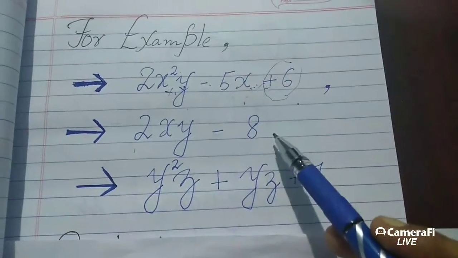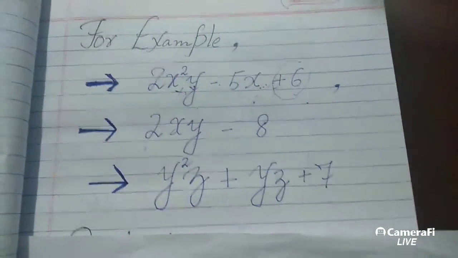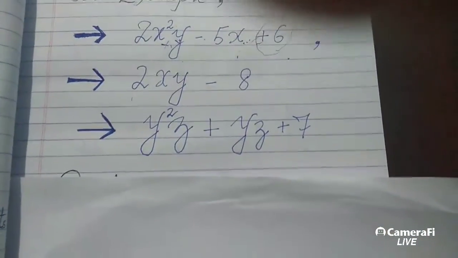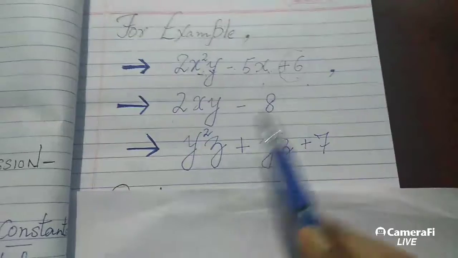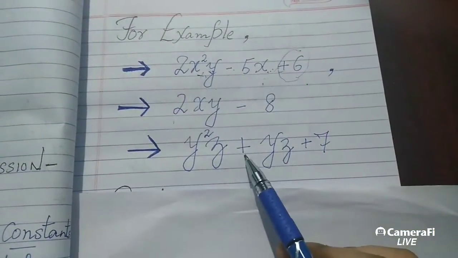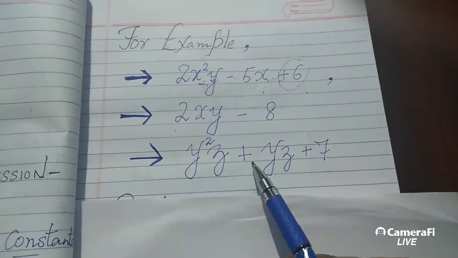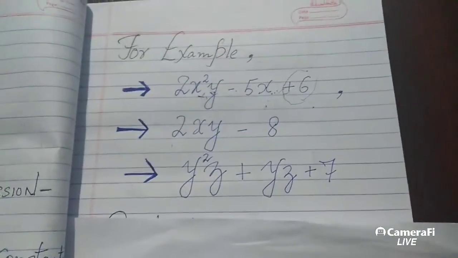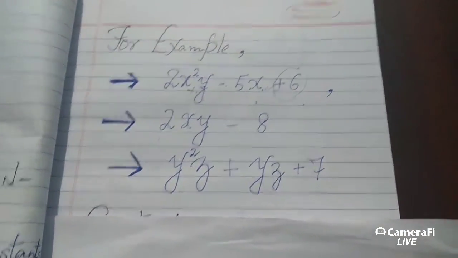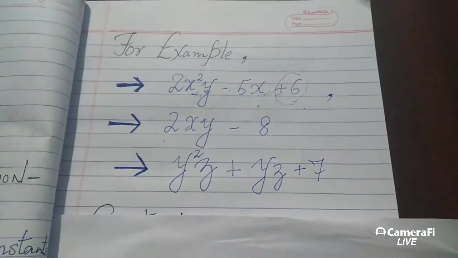Even this is an algebraic expression. The third example, y square z plus yz plus 7. Again, it is a combination of variables and constants separated with the help of a plus sign, which means there is addition over here. These were a few examples of algebraic expressions.